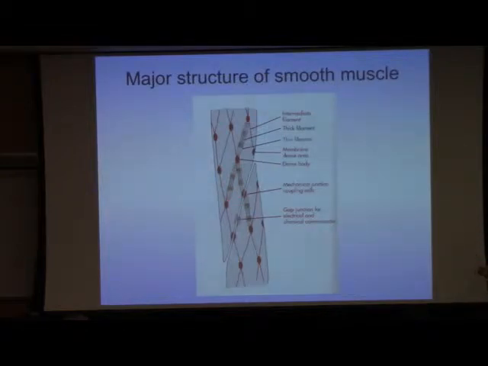And so smooth muscle isn't arranged in the very regular sarcomeres, it's arranged in this more complicated structure. But overall, again, cross-sectional area-wise, when you try to normalize it, you can get about as much force out of smooth muscle. The gap junctions here are channels that allow ions to pass and also other small molecules, so it allows for electrical and chemical communication.